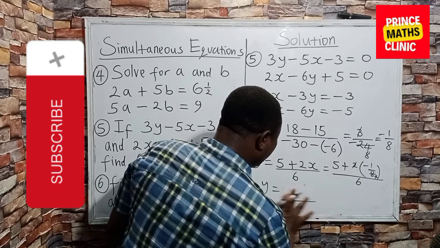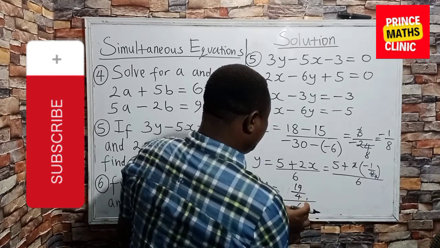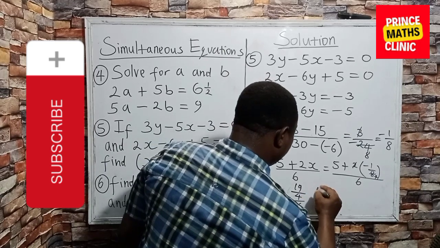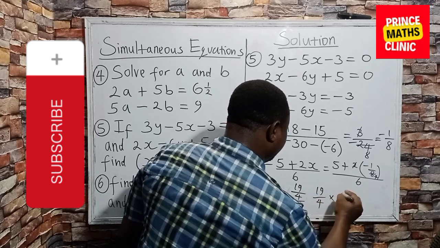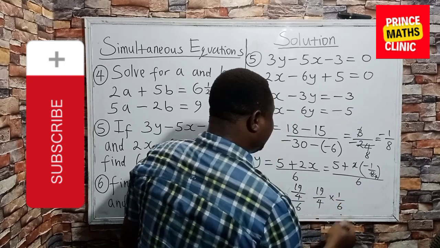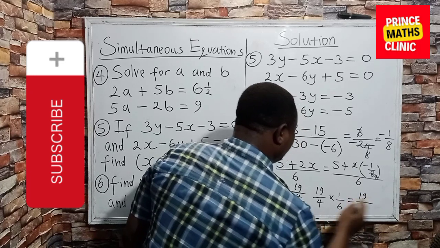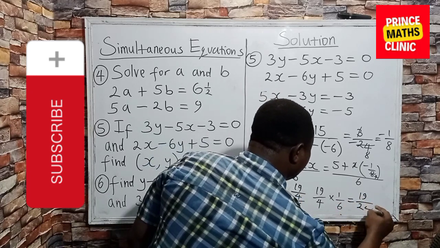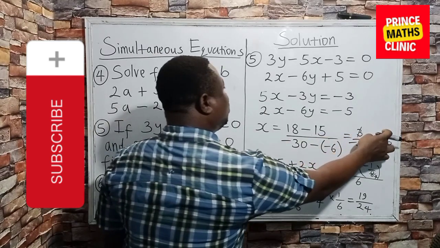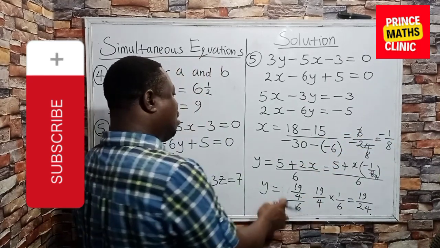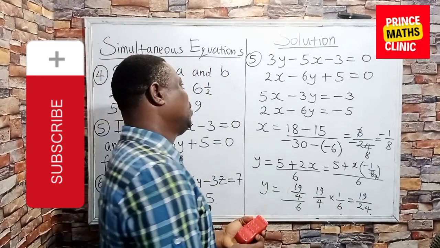So I'll put 19 over 4 here. So simplifying this means 19 over 4. Divide, return to multiplication. This becomes 1 over 6. So this becomes 19 times 1 is 19. And 4 times 6 is 24. So it gives us our x to be minus 1 over 8 and our y to be 19 over 24.